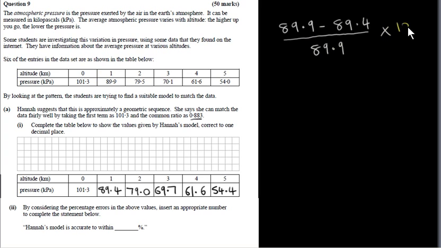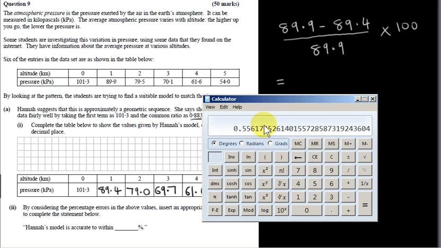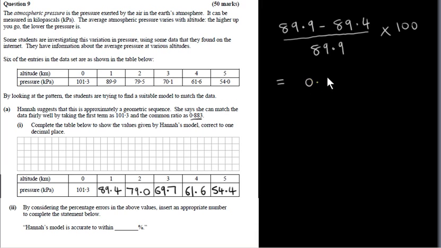We multiply by 100. I will write this number down to one decimal place. I will write down 0.6%. I will put a minus sign here to indicate that the value in the model is less than the measured value. 89.4 is less than 89.9.